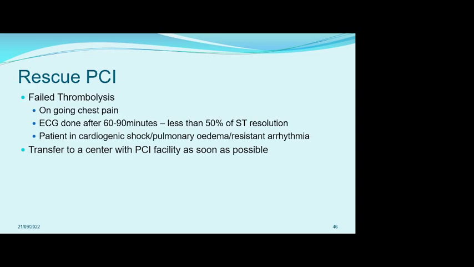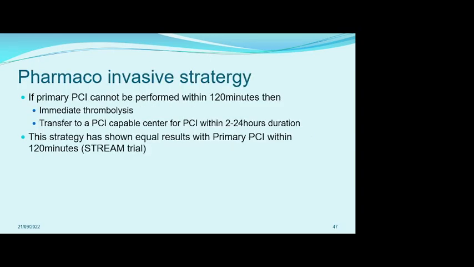If it has not happened, then there's an indication of failed thrombolysis, and the patient may be in cardiogenic shock, may be in pulmonary edema, or may be having resistant arrhythmia. Those are the signs of failed thrombolysis, and these patients need immediate transfer to a facility where there's PCI. The pharmacoinvasive strategy is the other one, where you decide that you cannot offer primary PCI within 2 hours, and you give the thrombolysis.